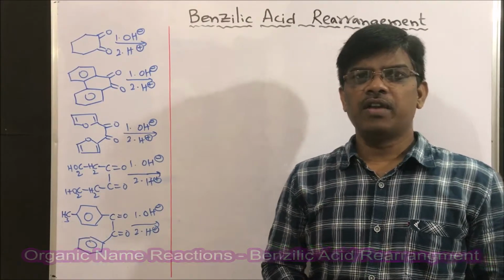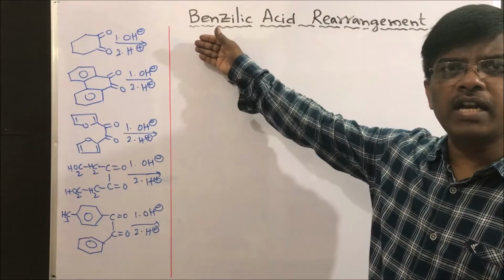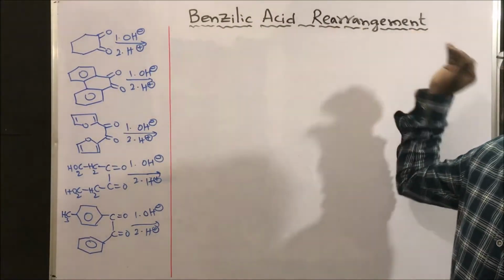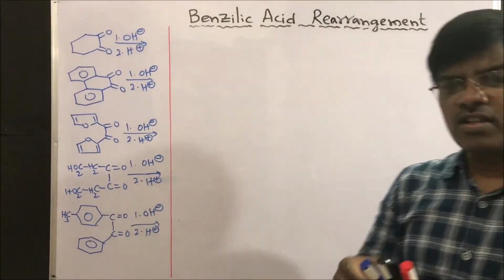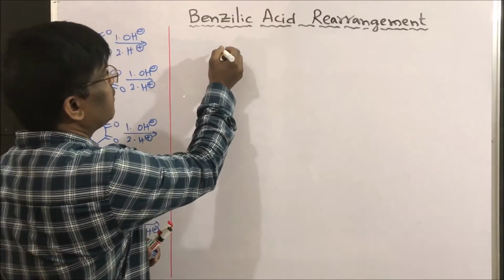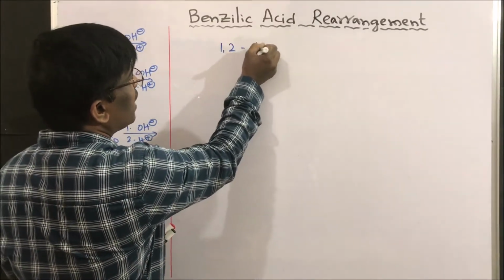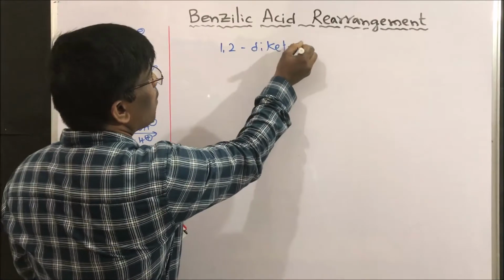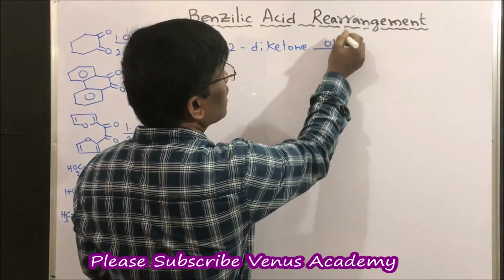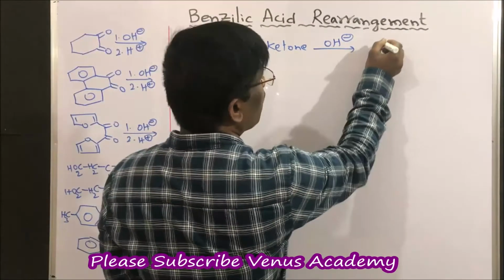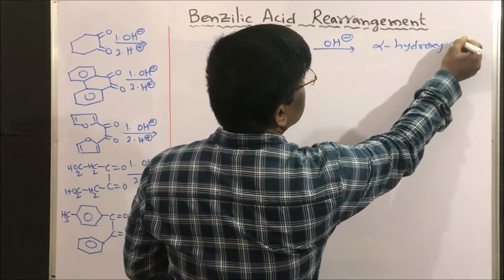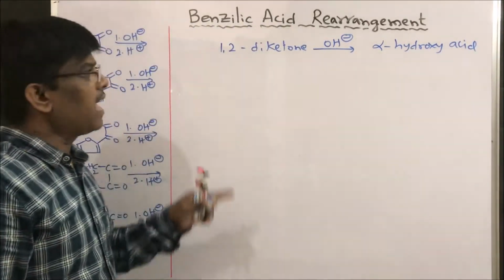Dear students, today we are going to learn a very important name reaction of organic synthesis, the benzilic acid rearrangement. This reaction is also known as benzilic rearrangement. That means 1,2-diketones, upon rearrangement catalyzed by base, give alpha hydroxy acids.